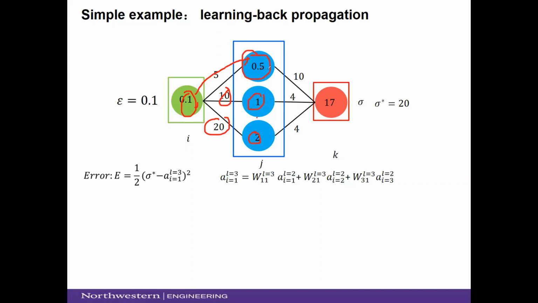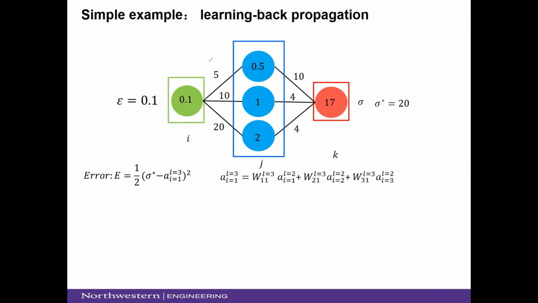Then again, this value will be multiplied by the weight, and then it will go to the output. Weight, output, weight, output. Finally I get a stress value of 17, which is not actually correct. My value should be 20. So what I have to do is change the values of these weights in such a way that the output value becomes 20.